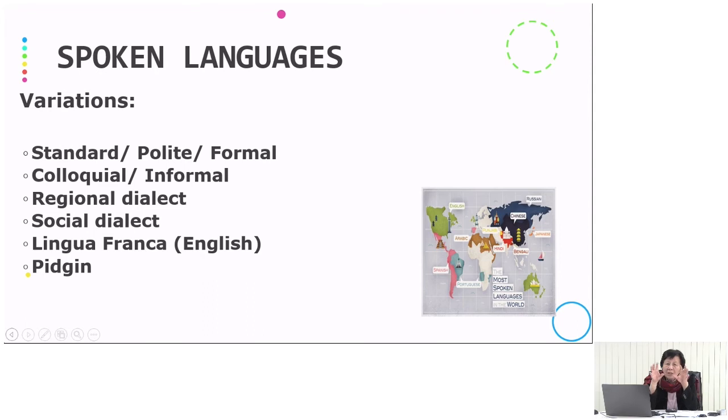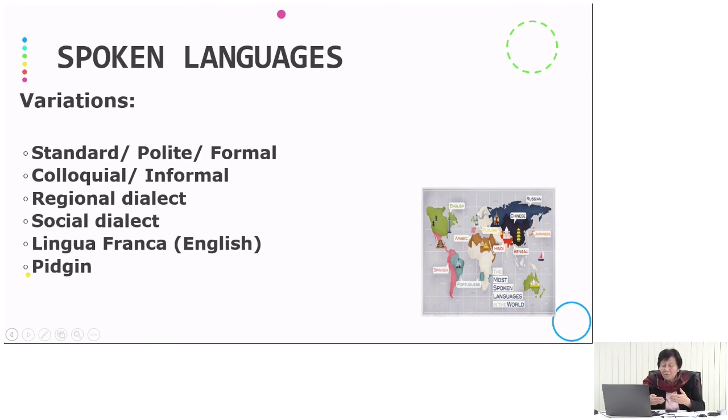Sometimes in one area, 2 groups of people speak different languages. For example, the Chinese people in Hawaii and the Japanese people in Hawaii speak different languages, right? And they use a lingua franca.